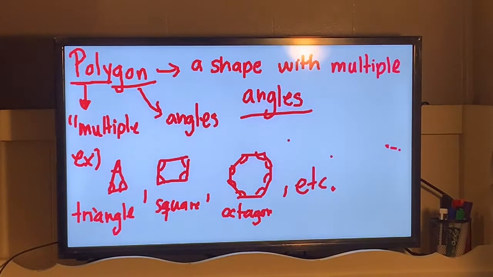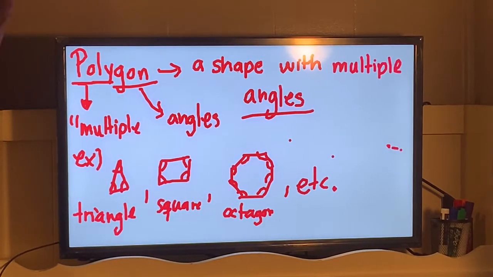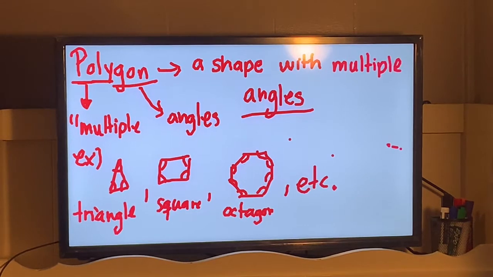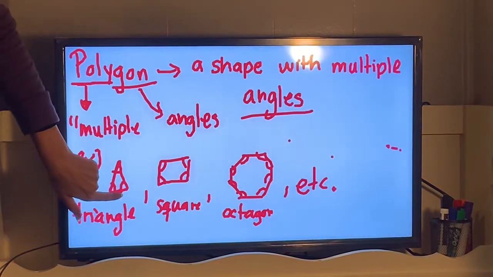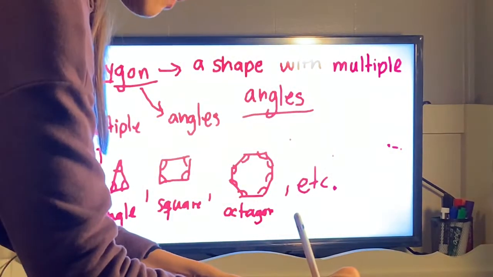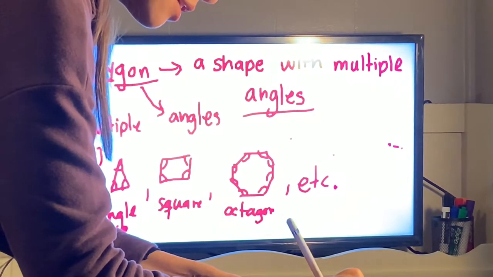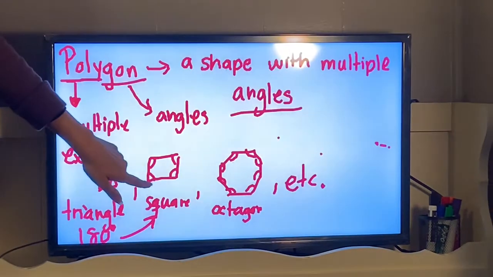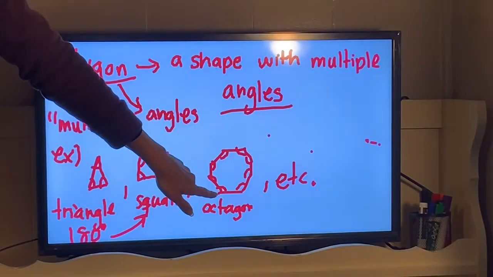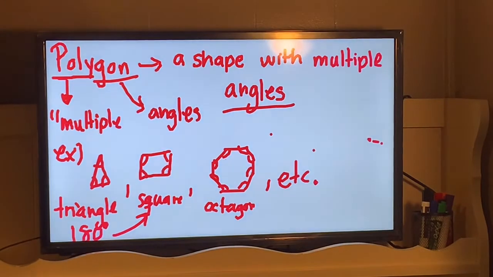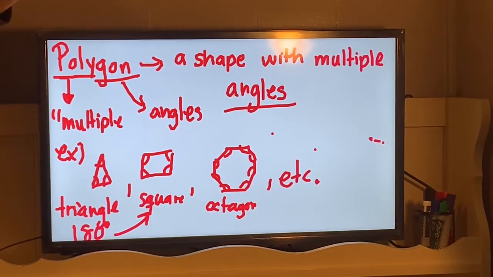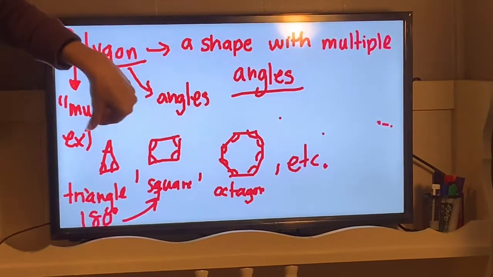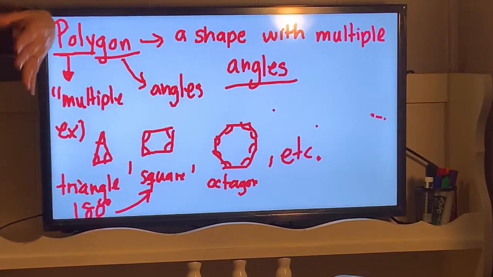We know the angle measurement of a triangle, and I hope that in your head you said it's 180 degrees. We're going to figure out how to connect that to a square, an octagon, a pentagon, and so on and so forth. But today we're going to start slow and just figure out the square. What is that angle measurement?